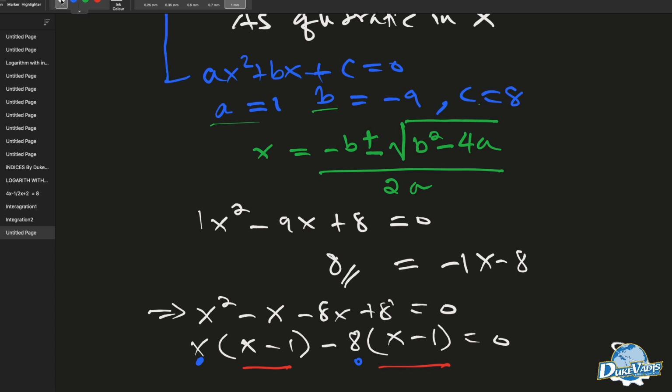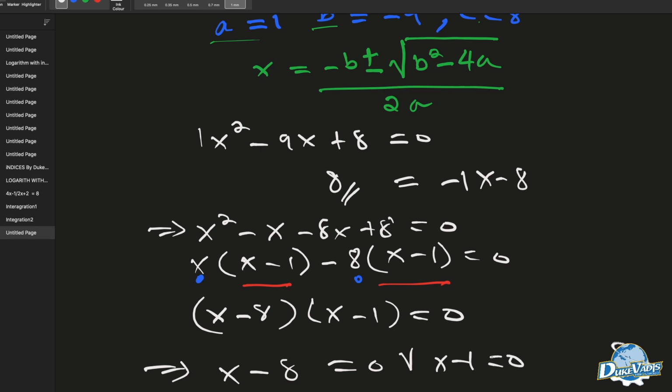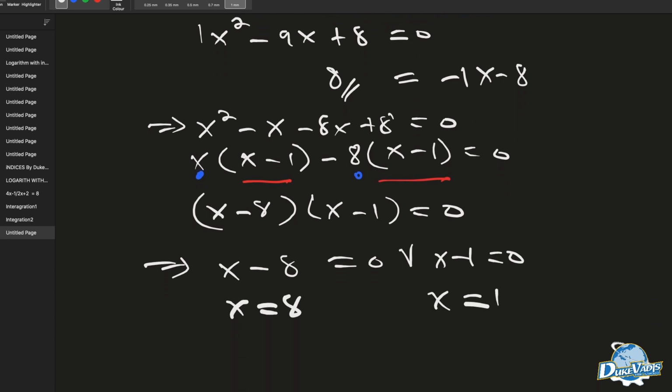When we group them together, we say x minus 8 into bracket x minus 1 is equal to 0. So it means x minus 8 is equal to 0, or x minus 1 is equal to 0. Therefore, x will be equal to 8, and x equal to 1. This is our solution.